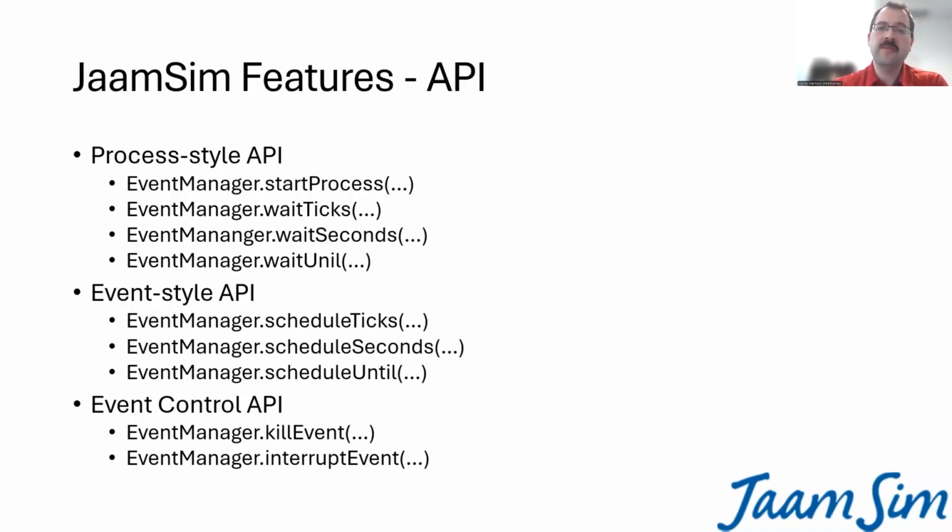In the event style API, we've generally chosen schedule as the base unit that we talk about, just to differentiate when we're dealing with capturing a process that's waiting or just scheduling events. And we have a unified API for managing the future event list, whether they're event style or process style, to either kill them and remove them from the future event list, or to interrupt them and run them early.